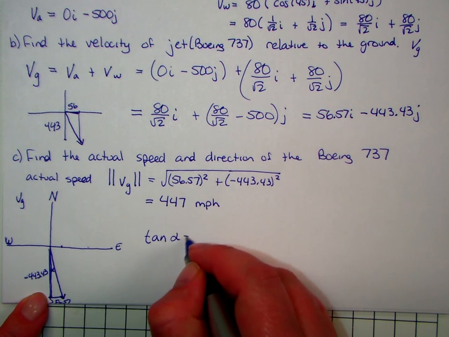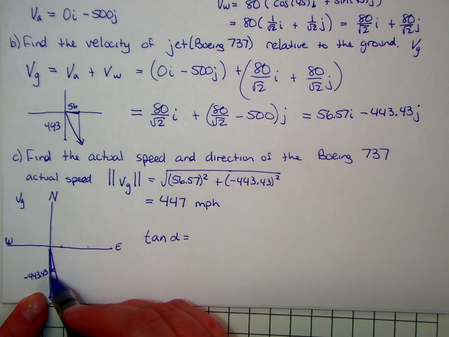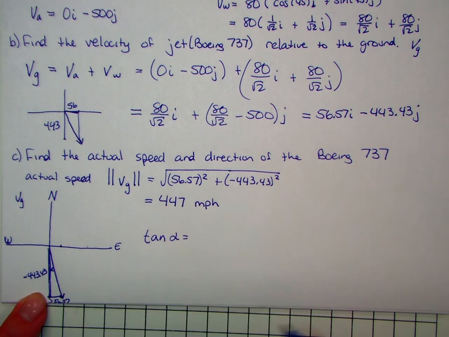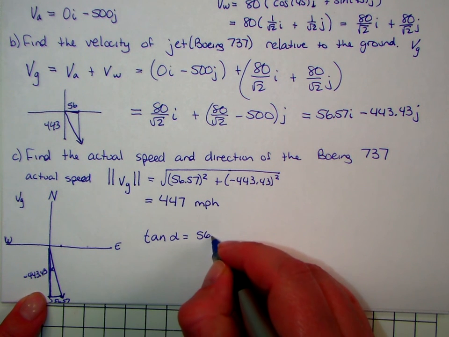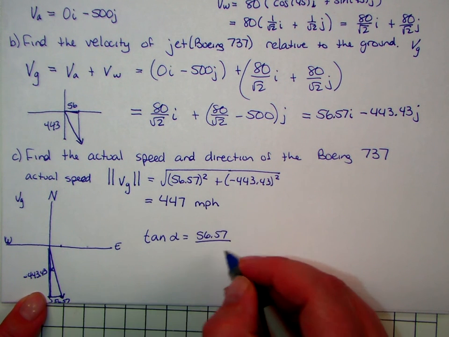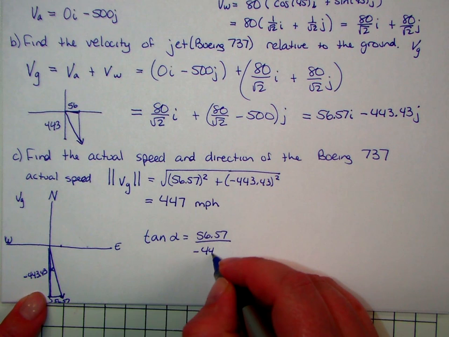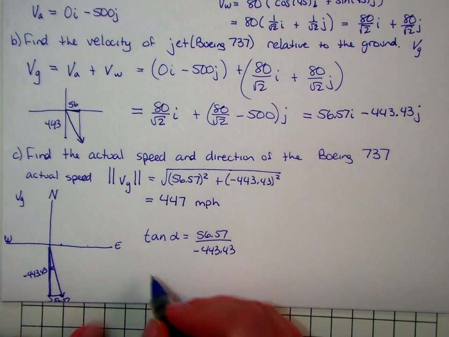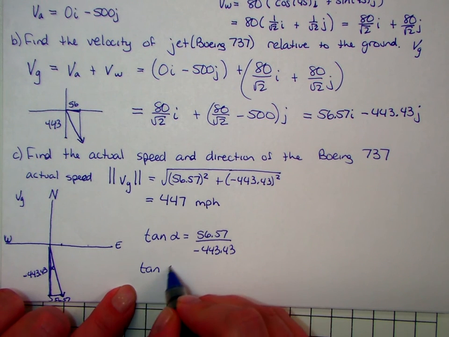So tan of alpha, this little teeny tiny angle right there, is opposite over adjacent. So we're going to do 56.57 divided by negative 443.43.